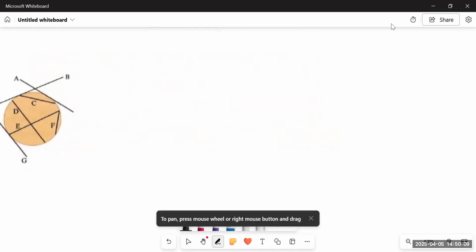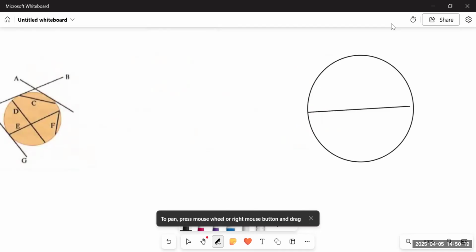A circle is a shape that is round in nature. And if we draw a line from its center such that it passes through the center, this is the center of the circle, okay? The center point.